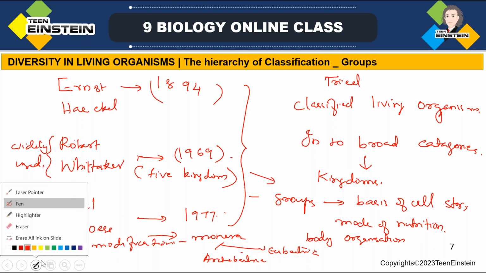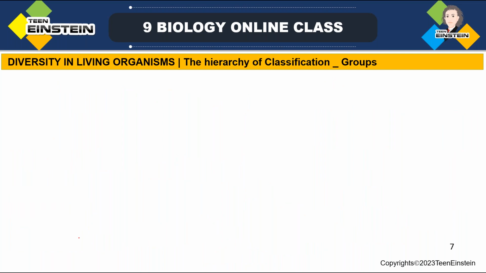Then all other classification, or further classification, is done by naming the subgroup at various levels as given in the scheme. I'll write the scheme now. First, kingdom. This is the major one. Then comes phylum for animals and division for plants.